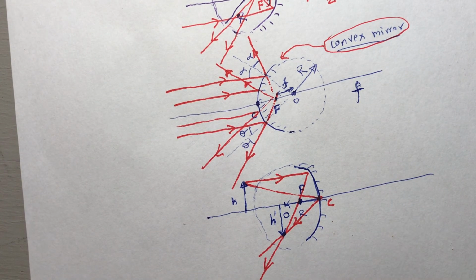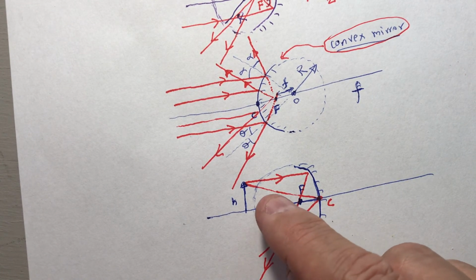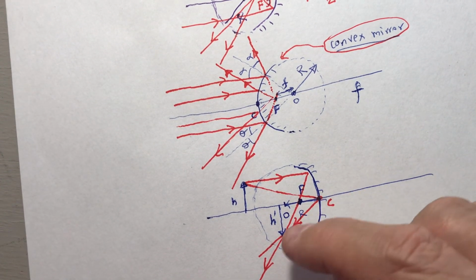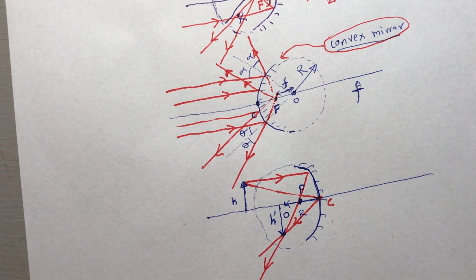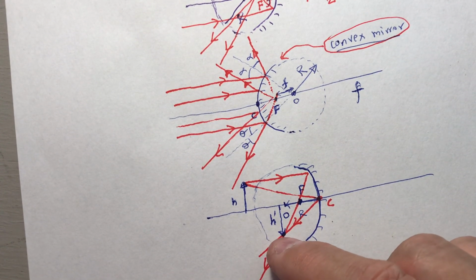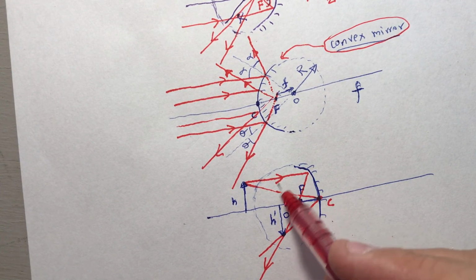Now you can use more than two rays. I'm just using two. There is another one that can go through the focal point to find this image, but I can use just two. It depends, because you see my drawing is different.